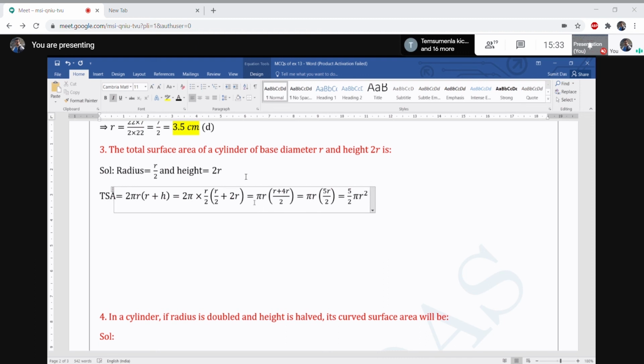Okay, you can see option C is given. Option C it will be, so that is option C.